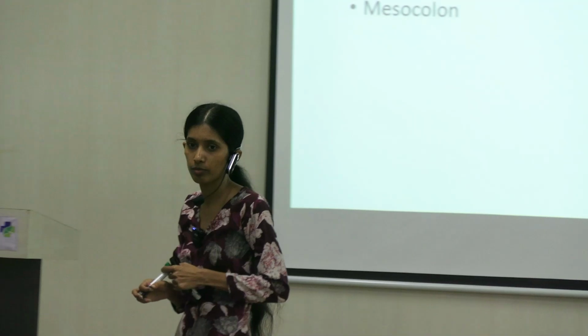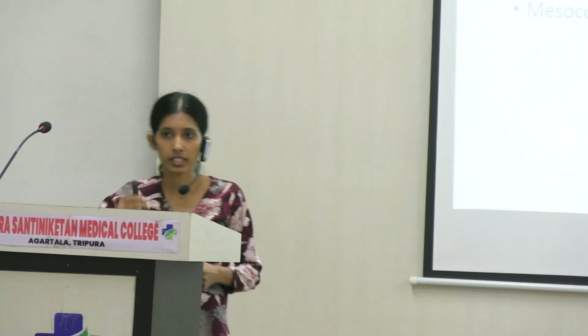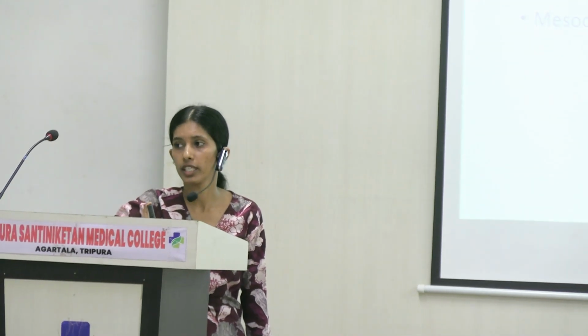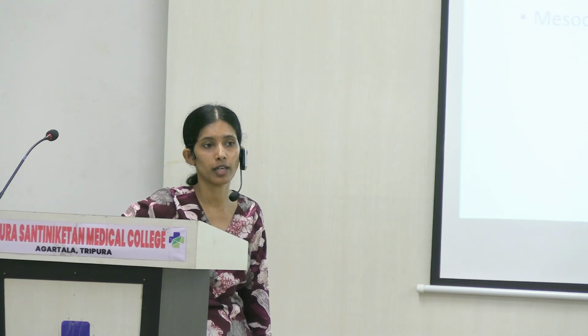That greater omentum, lesser omentum, what you said is a derivative of this mesentery. Okay, we have mesentery, that is the folds of peritoneum that connects your abdominal organs to the posterior abdominal wall. In different regions or at different levels, we name it with different names.